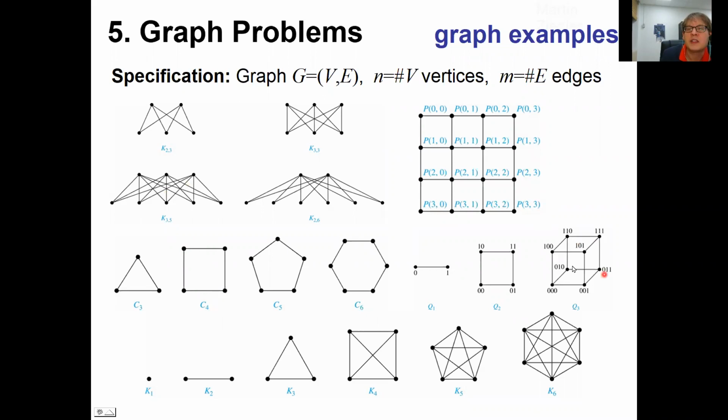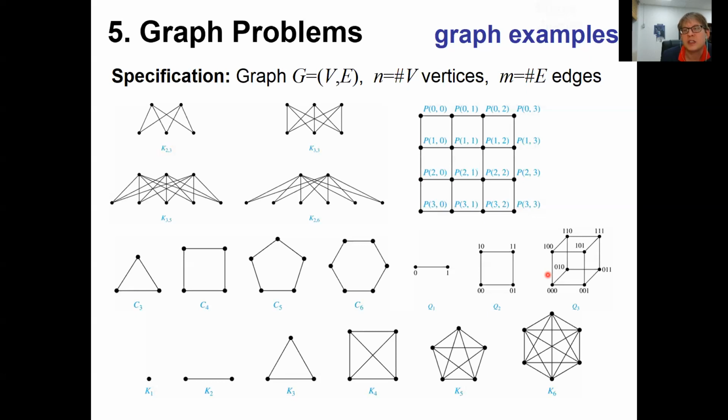So this is a 3-dimensional cube graph where the vertices are, for drawing purposes, arranged as the vertices of an actual geometric cube, and then there are edges whenever there's an edge in the geometric cube. And you can imagine also the 4-dimensional hypercube graph, the 5-dimensional hypercube graph, and so on.